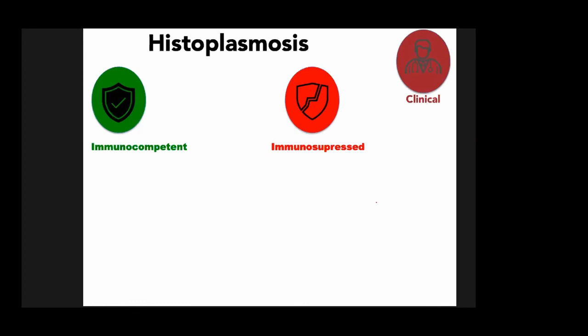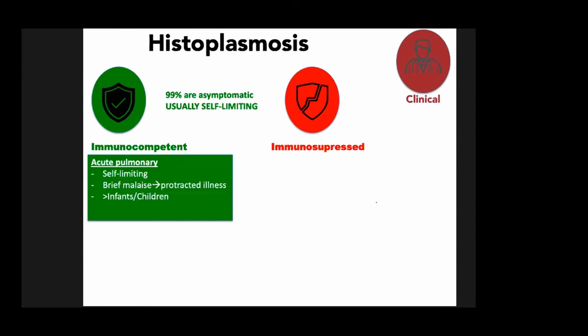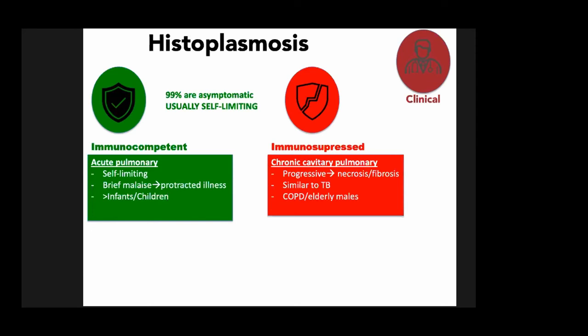So the clinical manifestations of this will depend on your immune system. Something that you should know is that 99% of the cases are totally asymptomatic. The 1% that develop symptoms in the immunocompetent host will be self-limiting. And in the immunosuppressed host, you may develop chronic cavitary pulmonary histo, which is similar to tuberculosis.